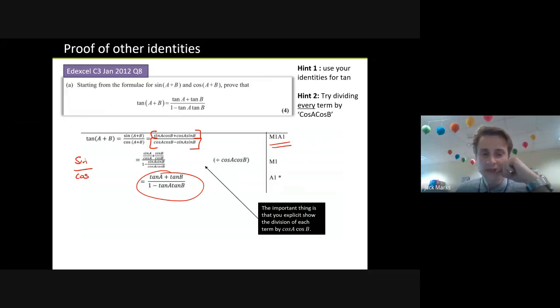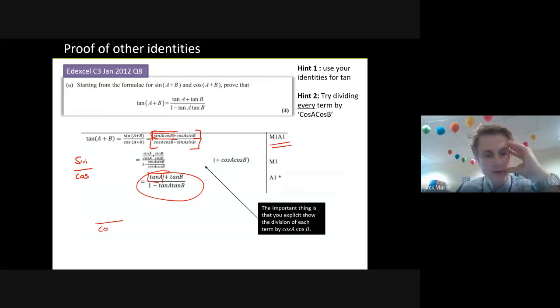This is a good time to talk about a trick in maths for problem solving: what do you have? What do you need? So start with this top part here, for example. It says sine A cos B, and you want to end up with tan A. So how's that going to happen? Well, the cos B needs to disappear.